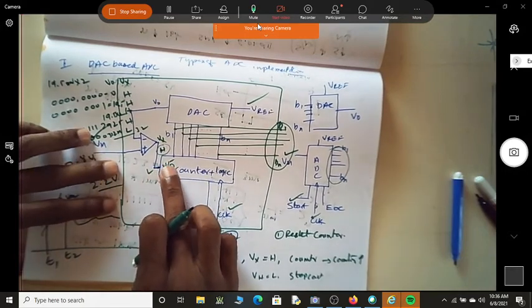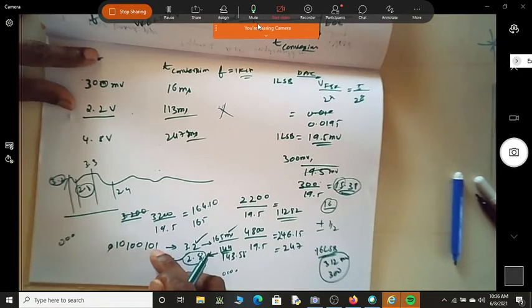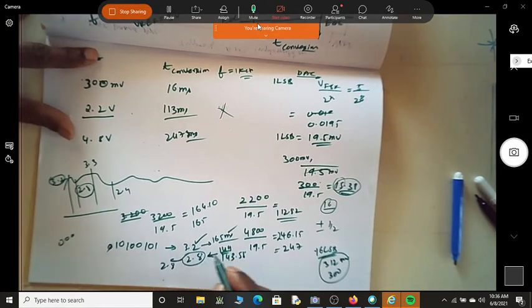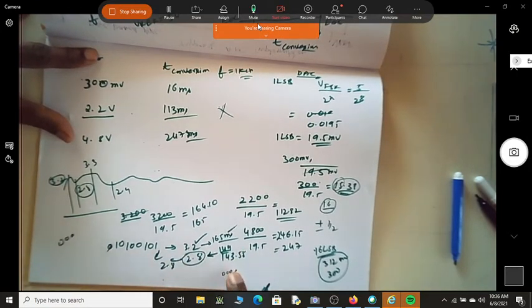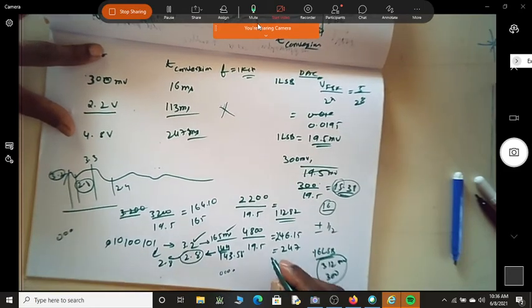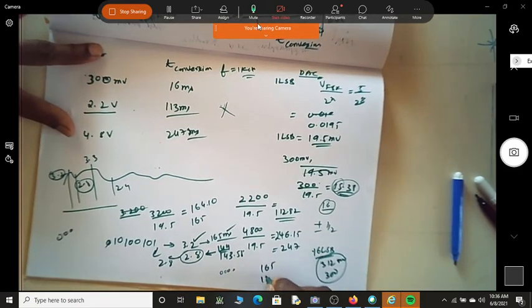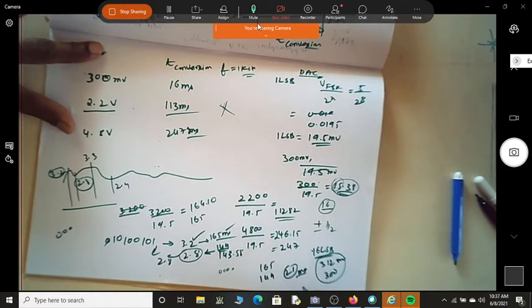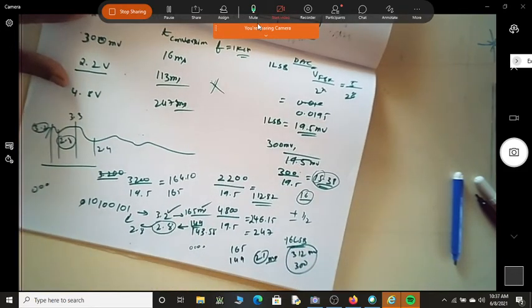So when it is low, it will down count from here. How much time does it require now? What is 165 minus 144? Just 21 milliseconds. Yes, sir.